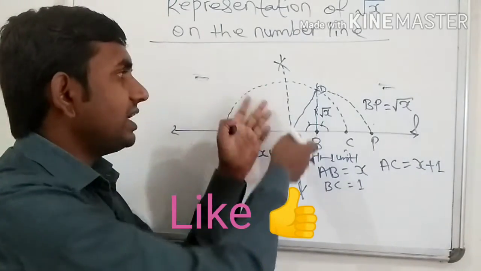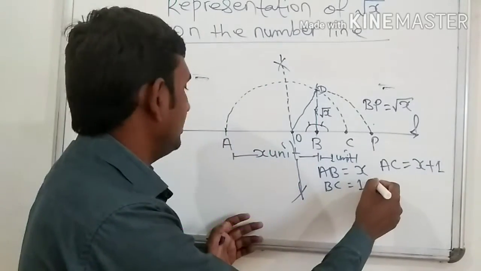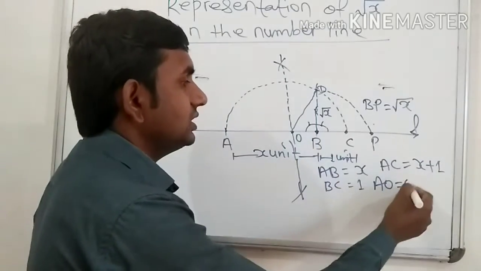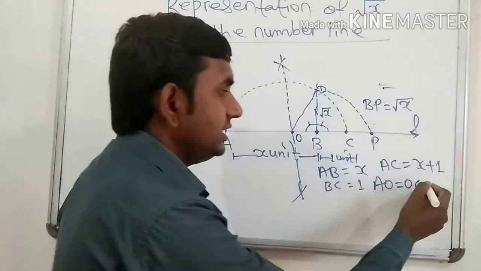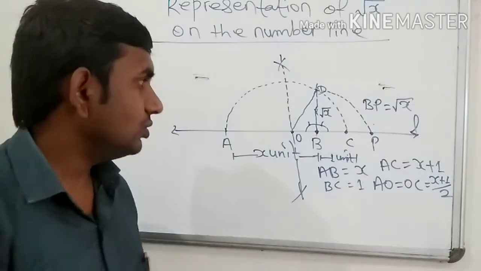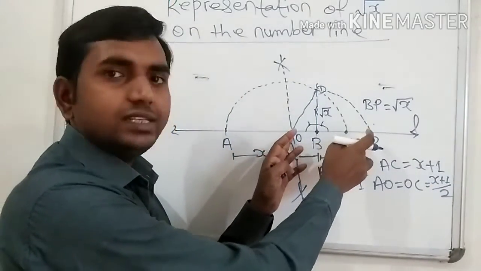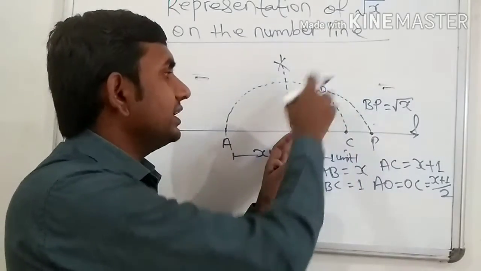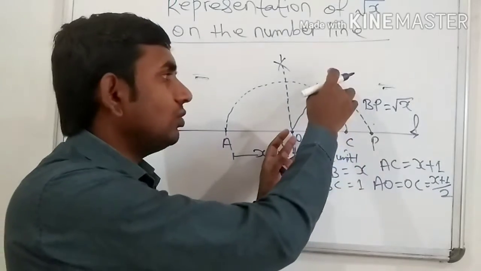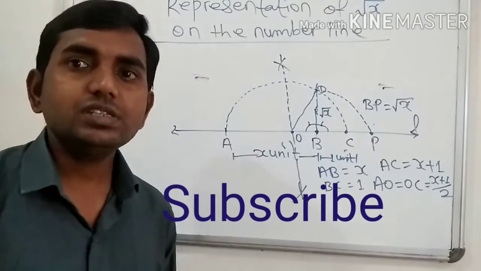Now after bisecting it, we have AO equal to OC, and it is equal to x plus 1 by 2. So it's clear that OC is equal to OD. Why? Because OC is the radius of this semicircle and OD is also a radius of this semicircle.